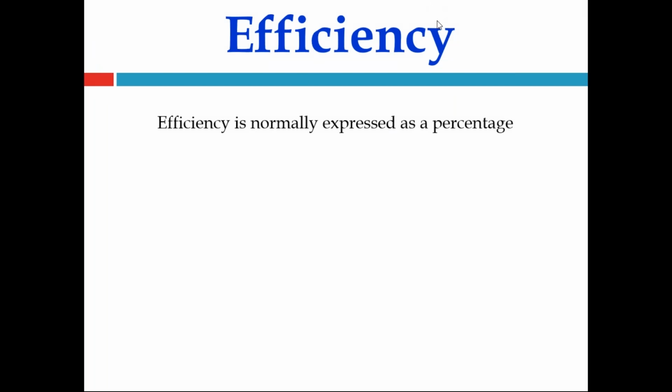If you compare the efficiency of a motor, a generator and a transformer, which device has the most efficiency among these three? I already said in the starting classes, when compared to motor and generator, which one has the more efficiency and what is the reason?